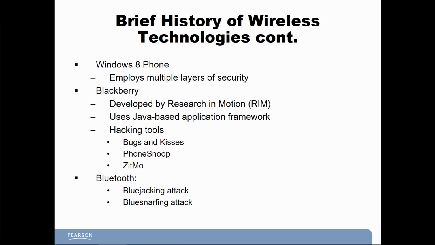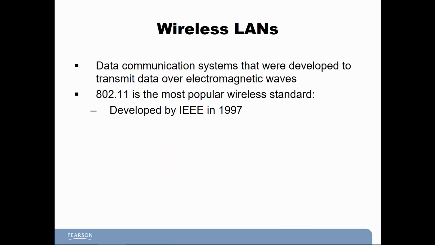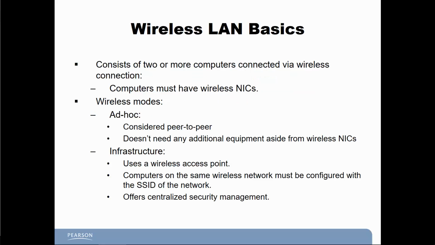So moving on is our wireless LANs. Wireless LANs are going to be mainly focusing on the 802.11 standard developed by IEEE in the mid to late 90s. So some wireless basics, we have two major types. We have ad hoc and we have infrastructure.